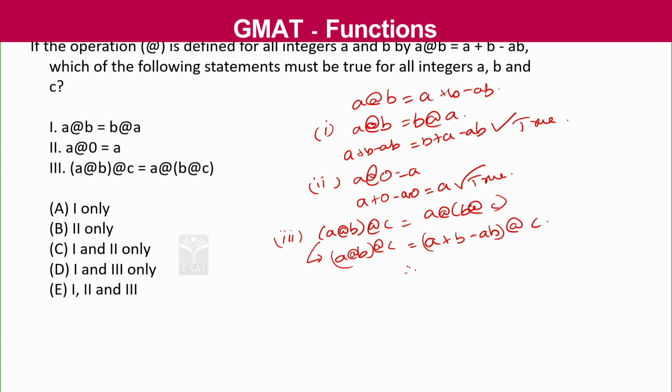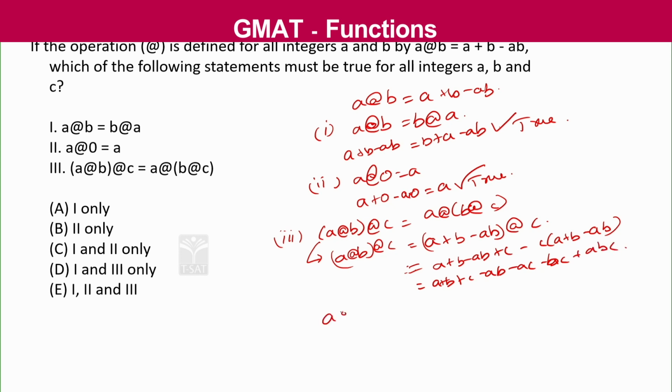Therefore, this is equal to a + b - ab + c - c(a + b - ab), which is a + b + c - ab - ac - bc + abc.